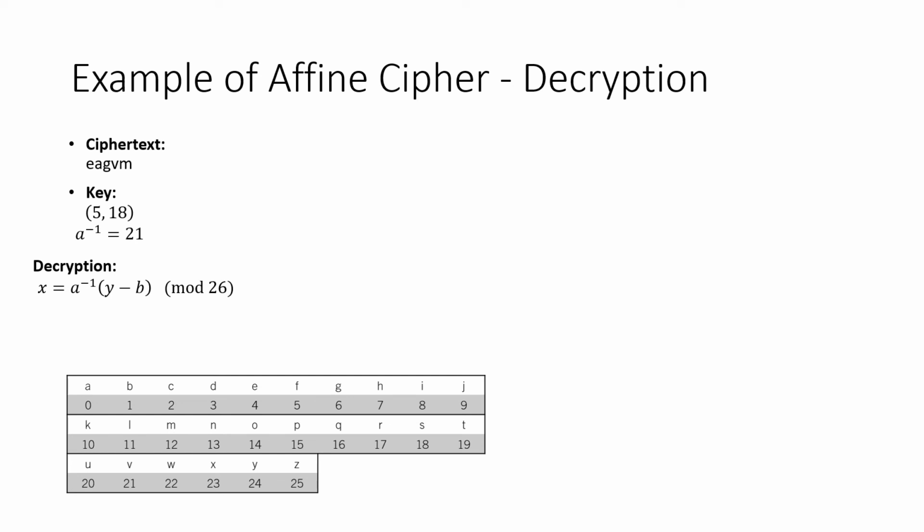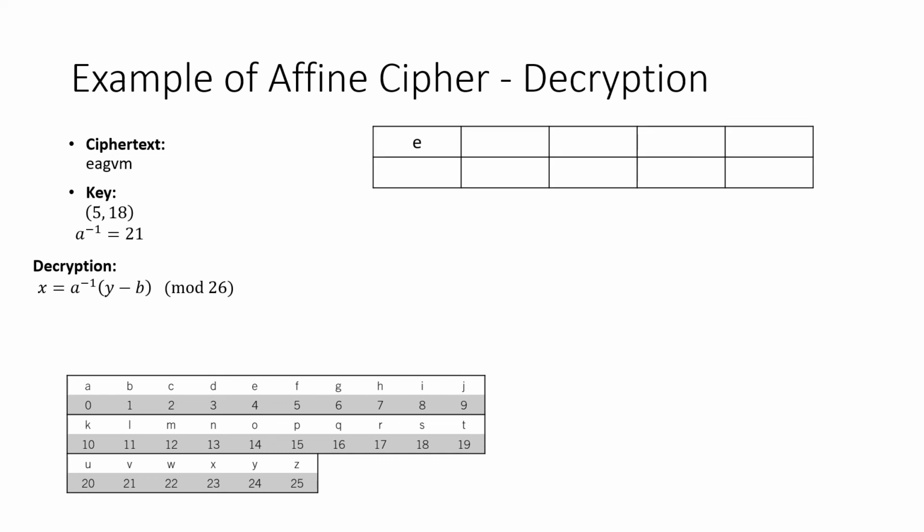So we record that here. And then, as before, we are going to create a table and write down the ciphertext that we have. So letter E goes in the first cell, and the remaining letters A, G, V, and M go in there.